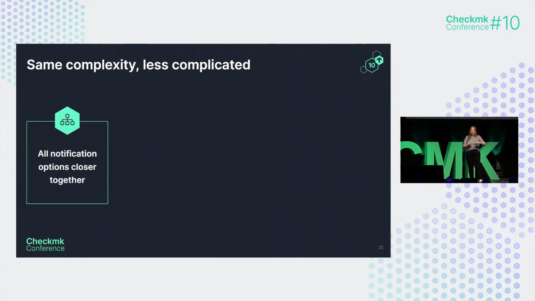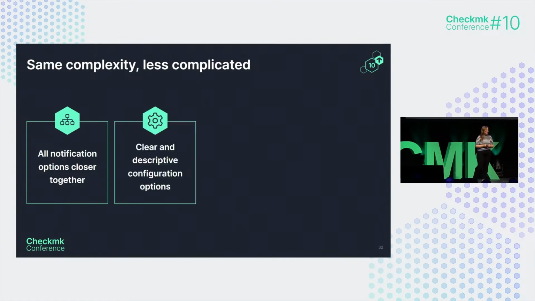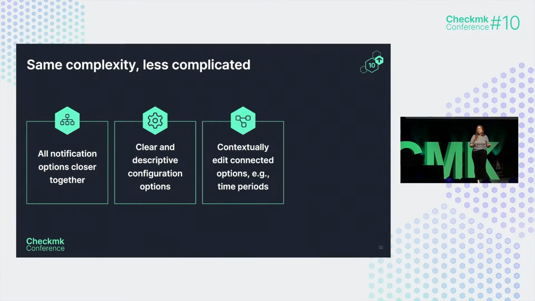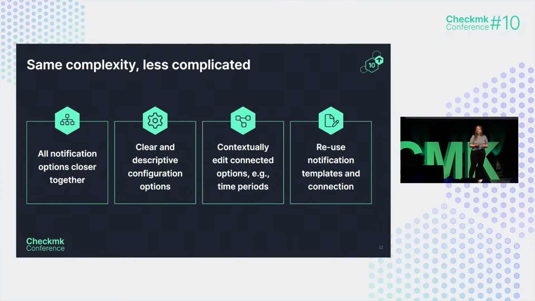We are moving all notification options and rules closer together. We will provide clear and descriptive configuration options. We will include contextual edits, such as time periods during the configuration. And we'll enable you to reuse email notification templates and other connections to make you even more efficient.